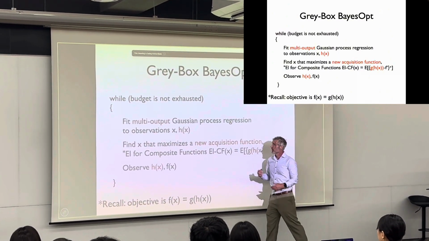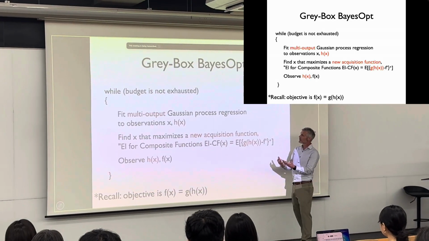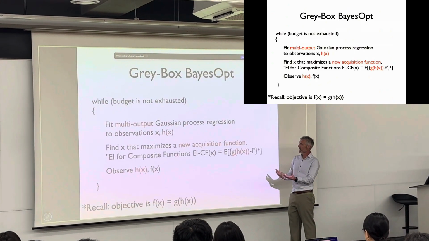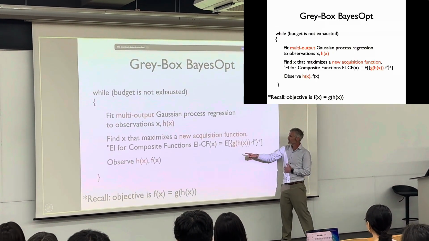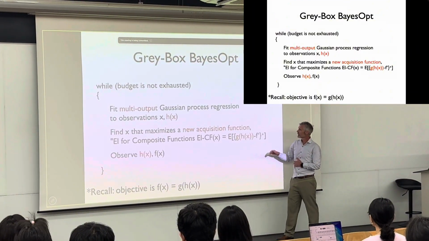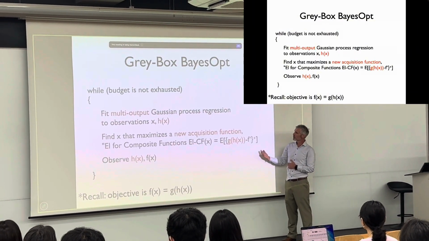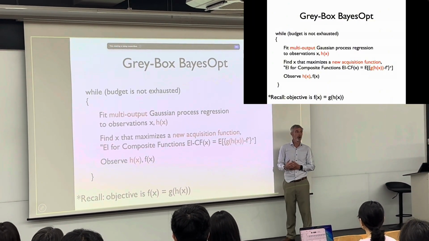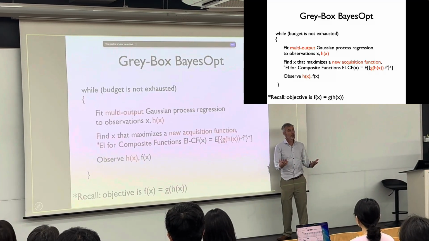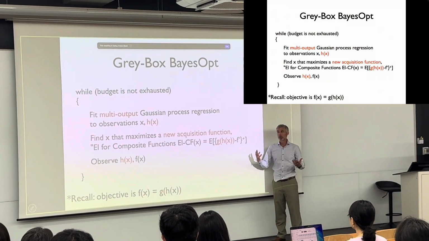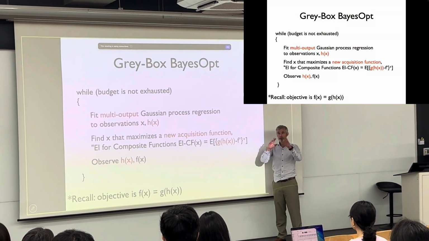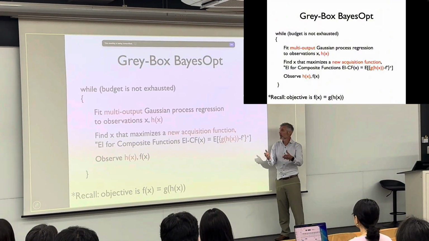Okay? And then we apply the same approach for creating an acquisition function, where we take the expectation of the improvement, but now the improvement is coming from a statistical model that understands the relationships between the nitty-gritty, this function network.